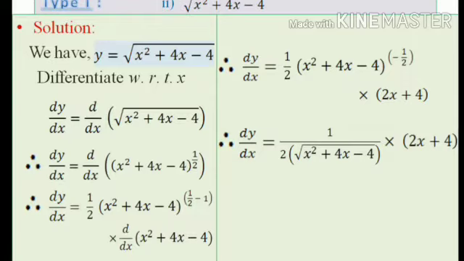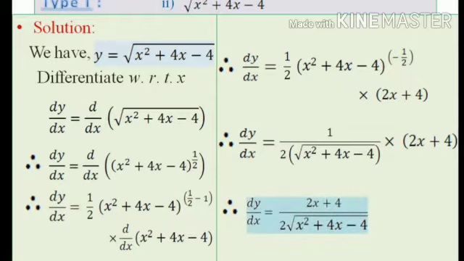And therefore dy by dx equal to 2x plus 4 divided by 2 into root of x square plus 4x minus 4. That is the derivative of the given function by the direct method.